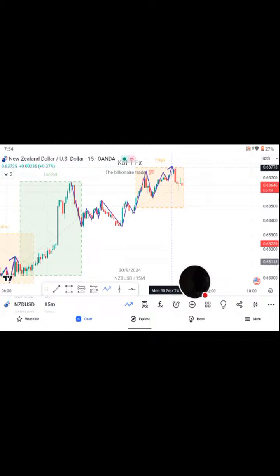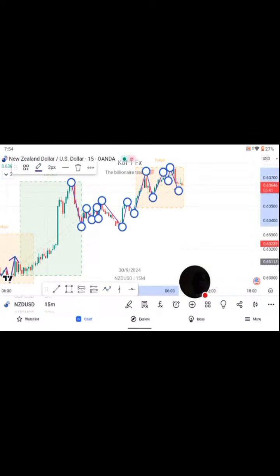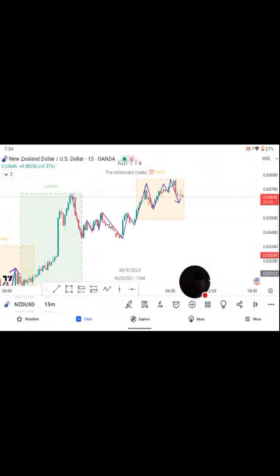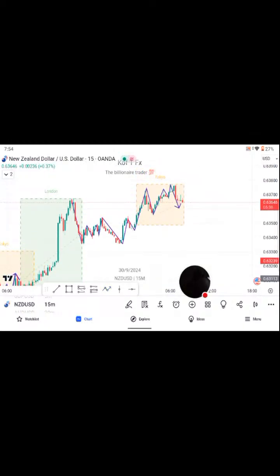So this, and what's currently happening. Looking at this, we don't have any setup on NZD USD, so no trade on this.